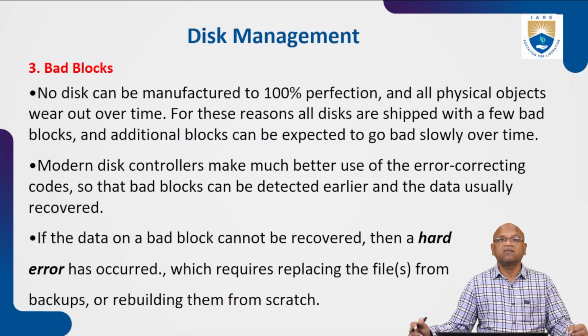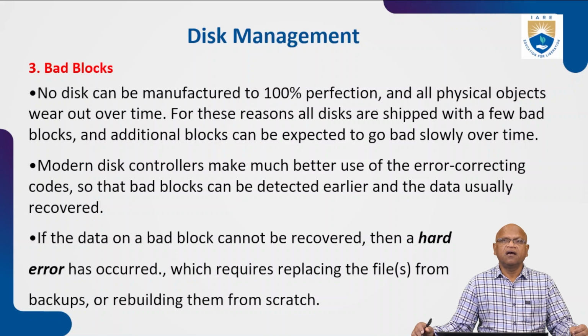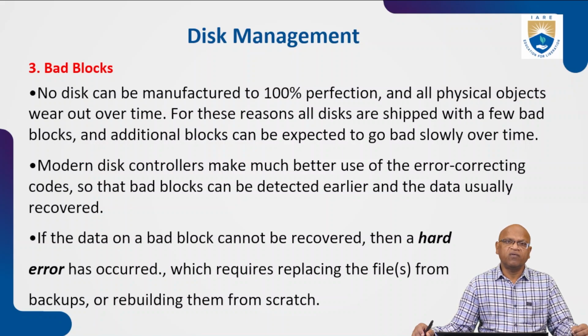So bad blocks. What is a bad block? No disk can be manufactured to 100% perfection, and all physical objects wear over time. For this reason, all disks are shipped with a few bad blocks, and additional blocks can be expected to go bad slowly over time.